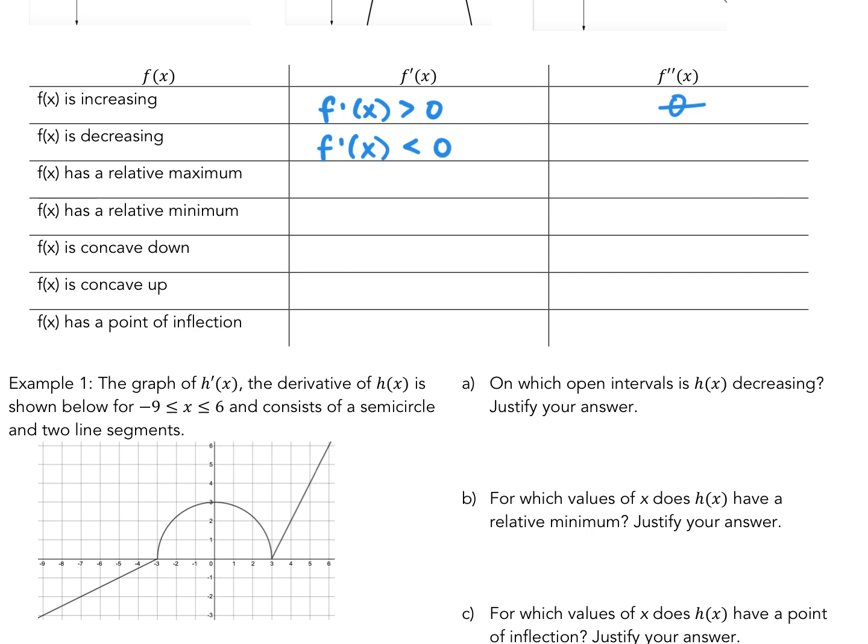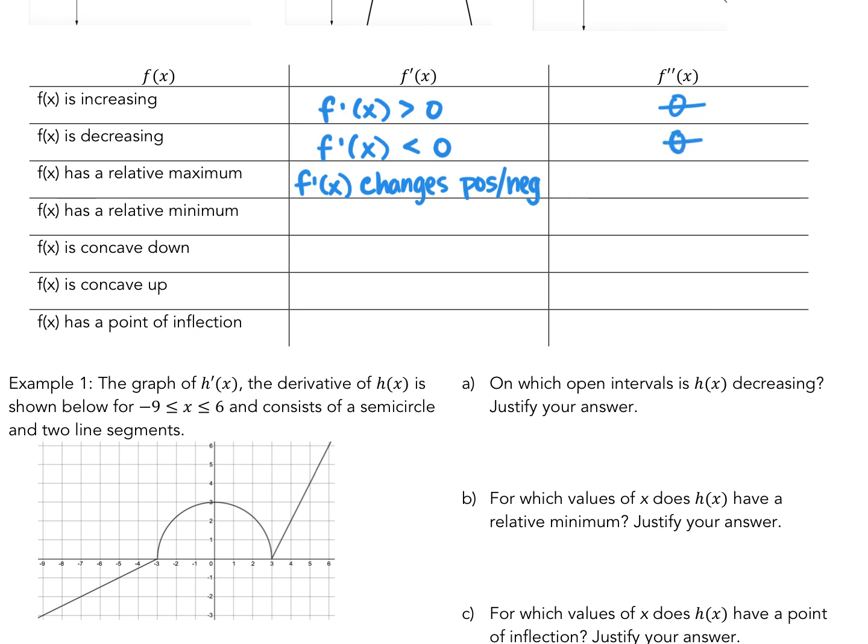All right, F of X has a relative maximum. How could you justify or prove that? F prime of X changes from positive to negative.